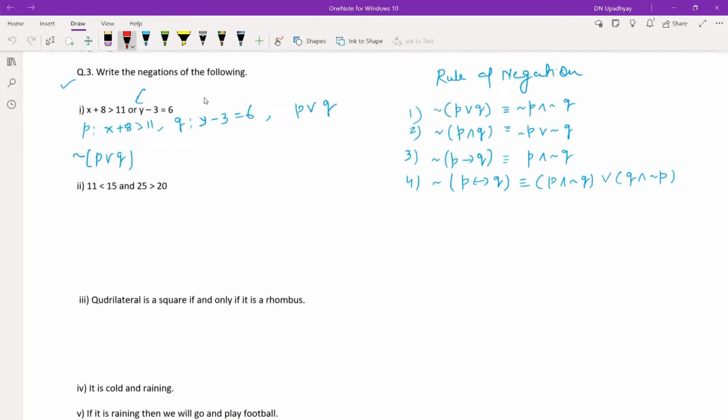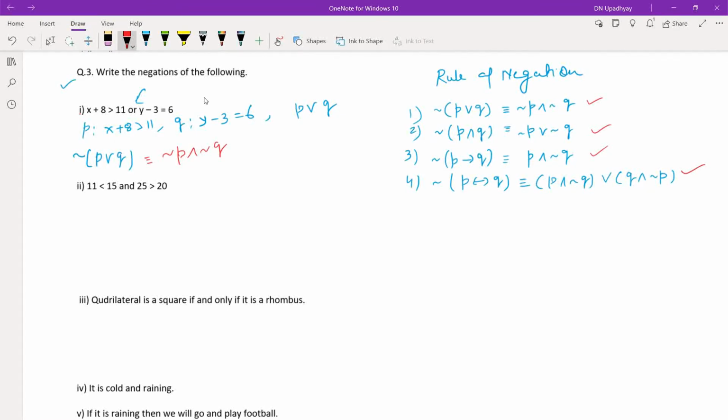Negation of P or Q is equivalent to negation P and negation Q. Negation of P and Q is negation P or negation Q. Negation of P implies Q is P and negation Q. And negation of P if and only if Q is P and negation Q or Q and negation P. So using that, we can write this as equivalent to negation P and negation Q.